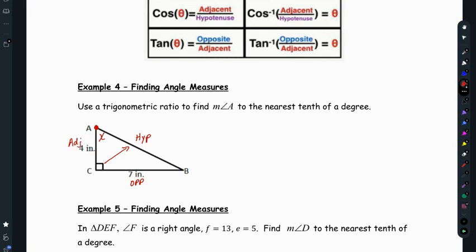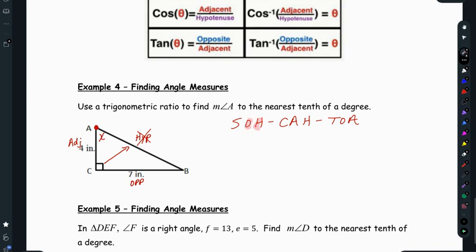Now I'm going to be using the sides that they actually gave me. They gave me adjacent, they gave me opposite, but I don't have anything with the hypotenuse, so unless I feel like using the Pythagorean theorem, I'm just not going to worry about it. I don't need it. I'm going to write down my acronym again and decide which one I need.